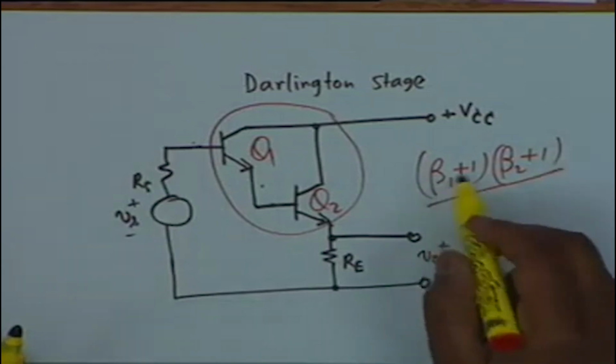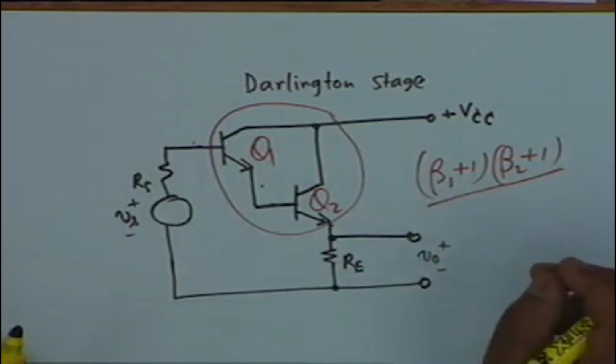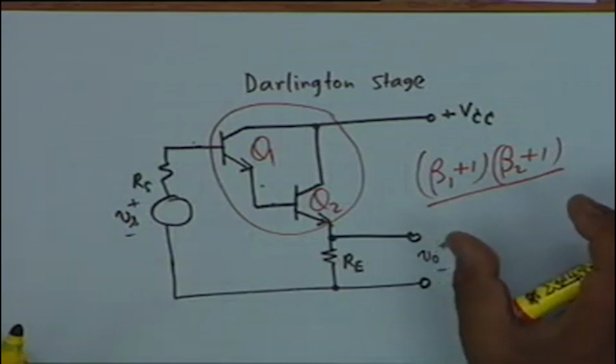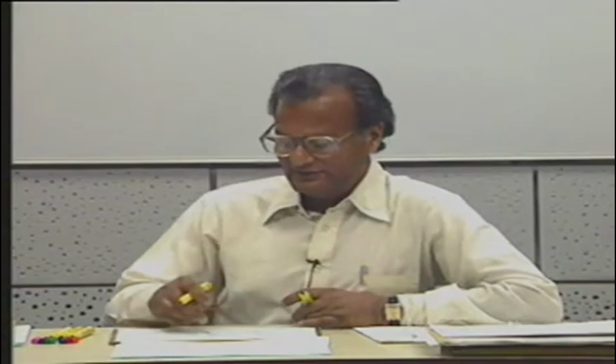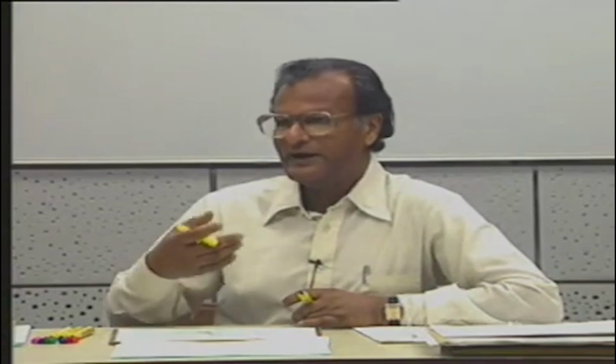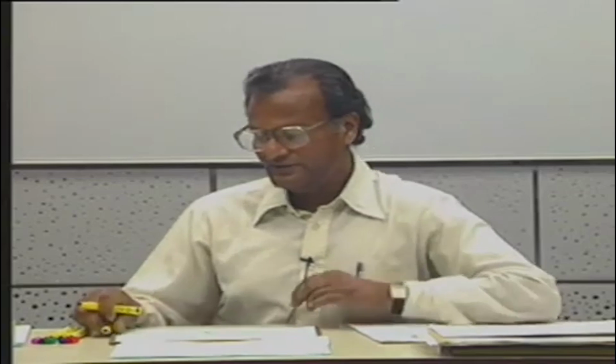You see, if your beta is 100, then approximately this is 10 to the power 4. A single transistor with a beta of 10 to the power 4 cannot be fabricated, and therefore this is a way to have the equivalent of a high beta transistor.